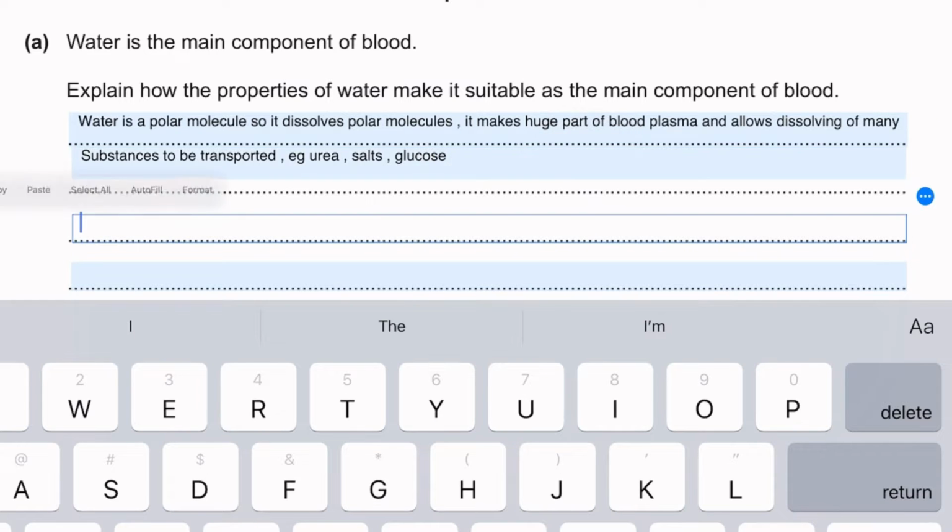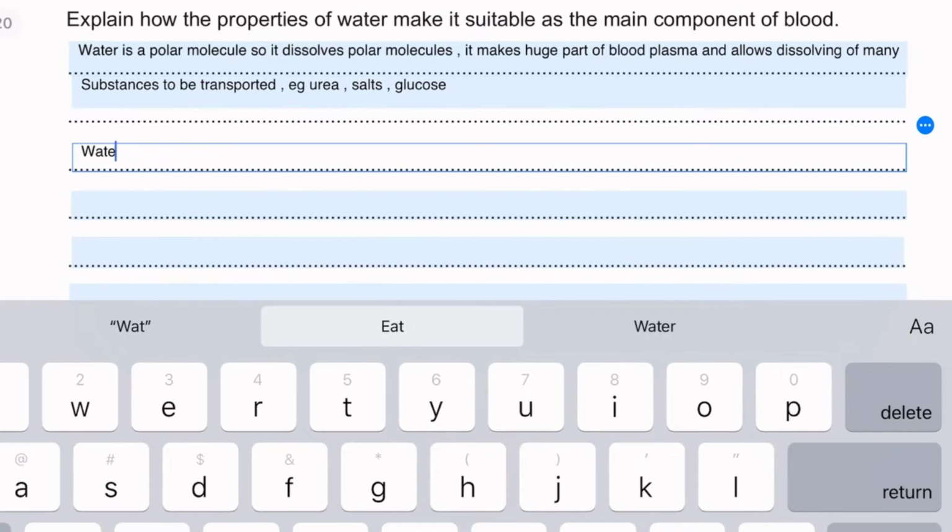And then you move on to the next point, how water has a high specific heat capacity.